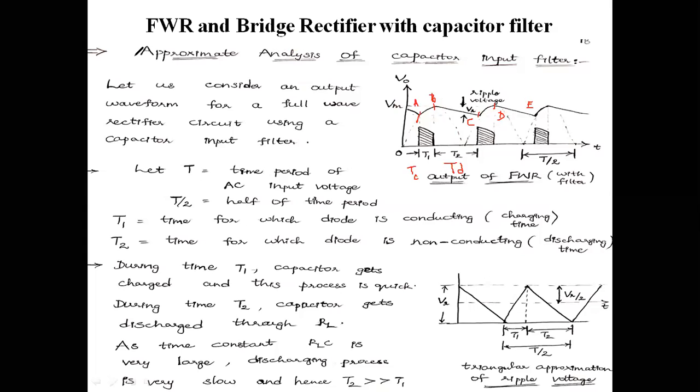I am going to consider these points like this. This is the charging time, and this is the discharging time. Let capital T be the time period of the AC input voltage.